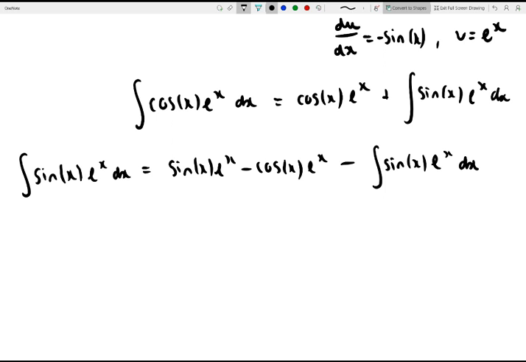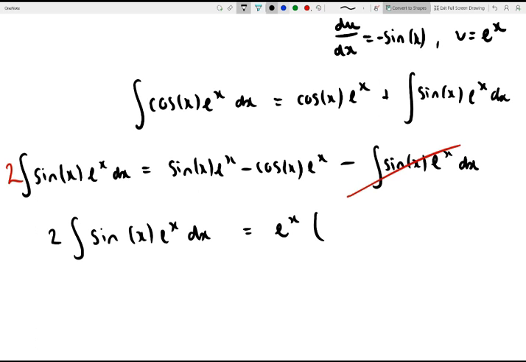And now notice that on both sides we have an integral of sine of x e to the x with respect to x. So we can actually add this on to both sides. So now we have two integrals of sine of x e to the x with respect to x, and this is all equal to, factorising out an e to the x, a sine of x minus a cos of x.